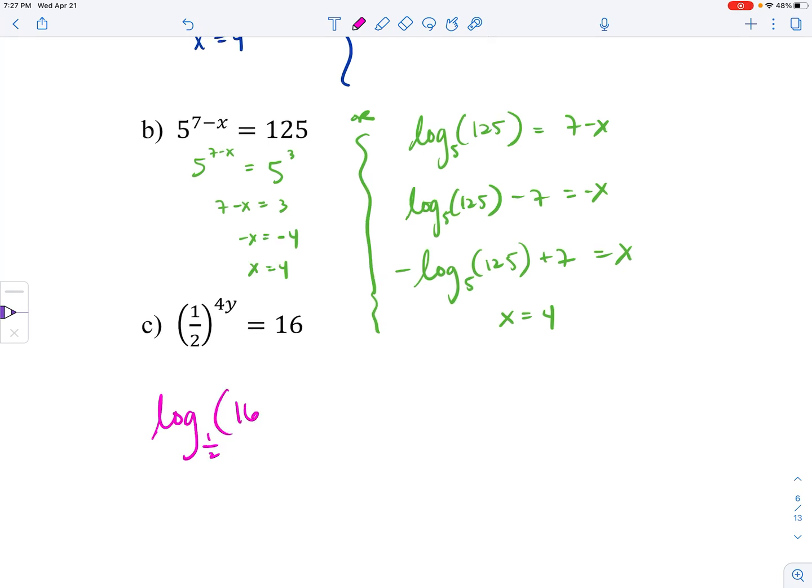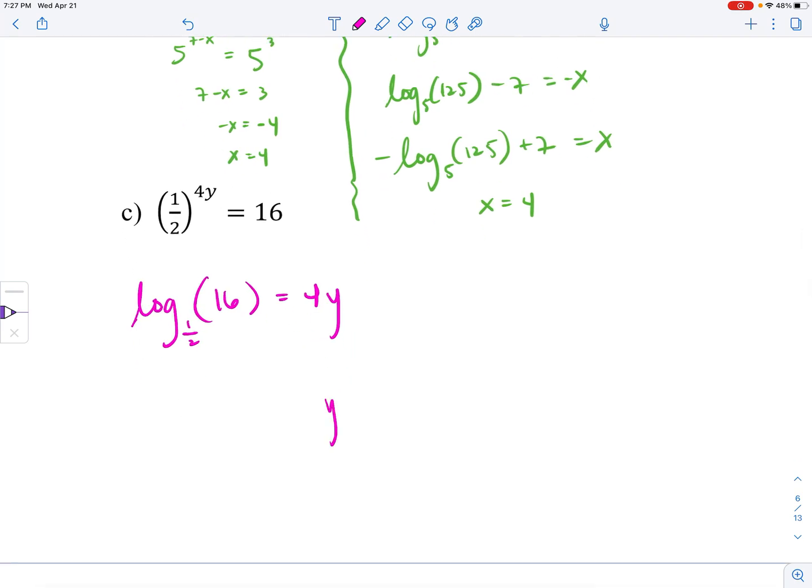So log base 1/2 of 16 equals 4y, and then dividing by 4 on each side. So then we would end up with y equals, and after typing into my calculator, which I didn't have written in my notes, so I'm going to do this right now, I hit the math button, I scrolled up to log base so that I can just type what I need in. Then divided by 4, we get y equals -1.